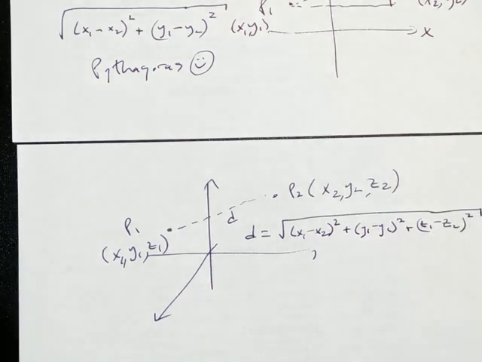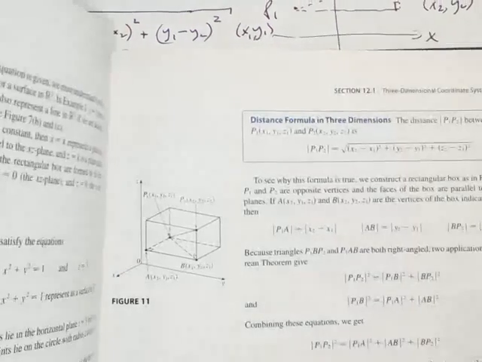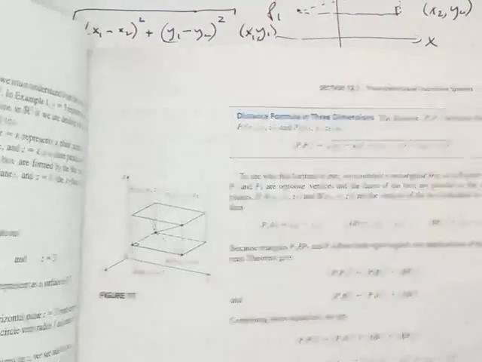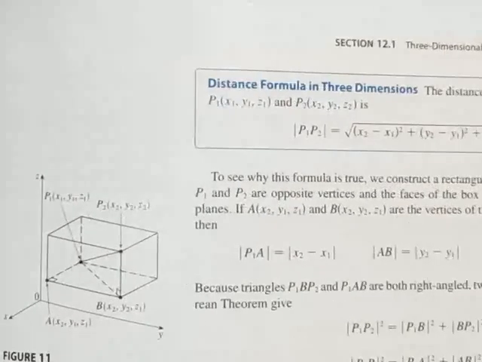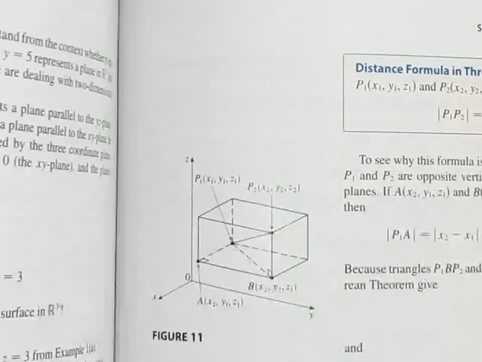And on page 795 in our text, there's a better picture. So let me stick that up here for a second. I'll zoom in, blow this picture up a bit. Notice the first thing they do is they do flat.